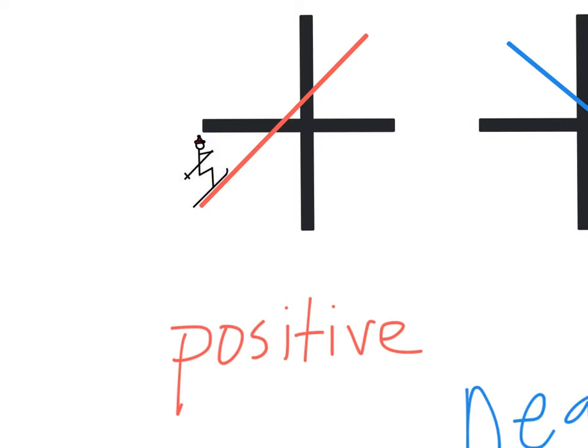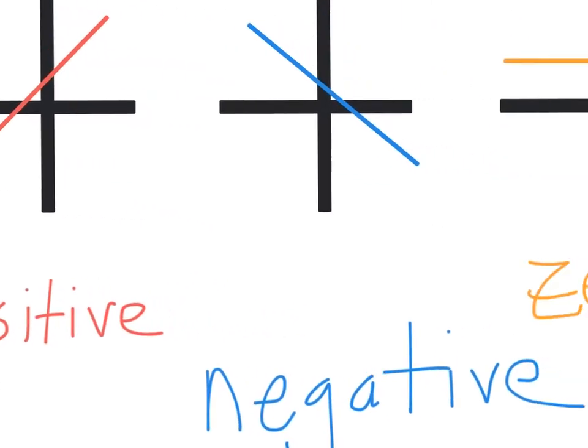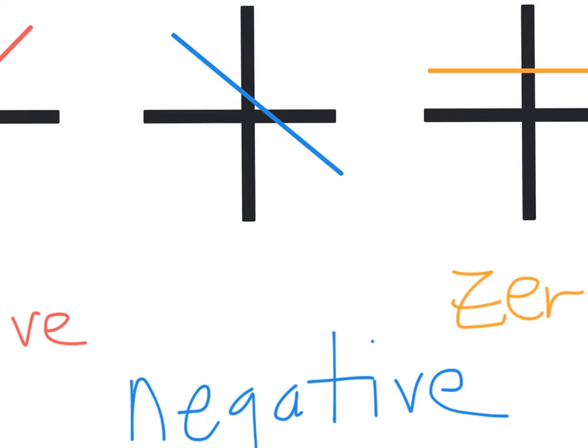Now let's look at the negative slope and put a skier on this mountain. If we put a skier on this slope and try to go from left to right, he's very easily going to just shoosh down that hill and not have to do any work. That's going to be a negative energy input.